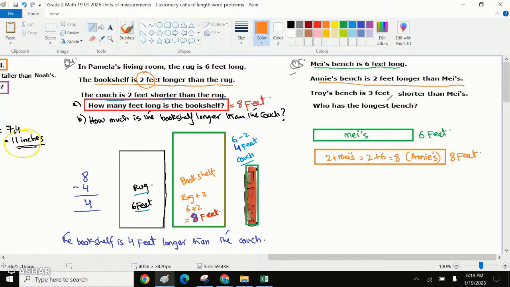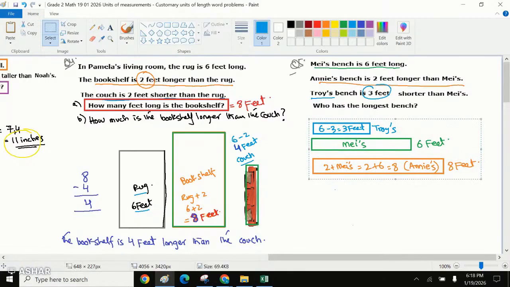Troy's bench is 3 feet shorter than May's, right? So in order to find Troy's bench, we can say this is 3 feet shorter. That means 6 minus 3, that is 3 feet. This is Troy's. So the question they're asking us is, who has the longest bench?